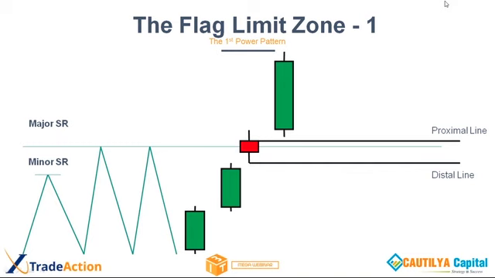And next time, some enemies come down to that fort, the Bahubali team will fight back and push the price up. The major SR has been broken by the base, and the base has also engulfed the major SR. Tapan, that is correct. The actual name of this is called flag limit.